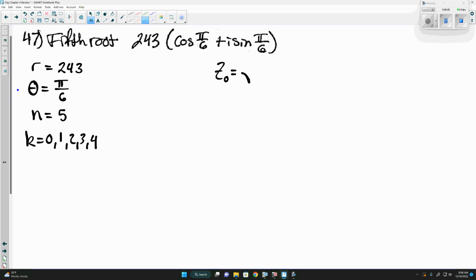Now z0 is going to be the fifth root of 243 cosine of pi over 6 plus 2 pi times 0 all over 5.